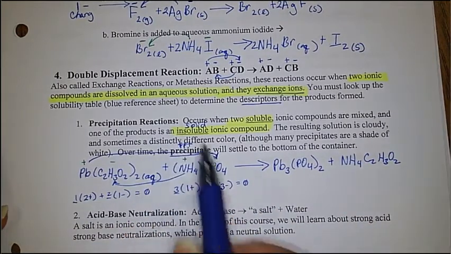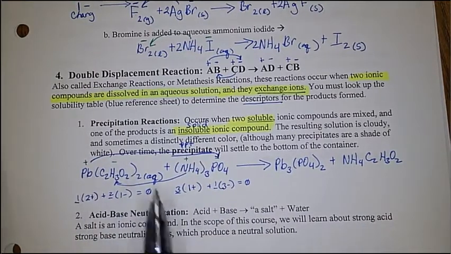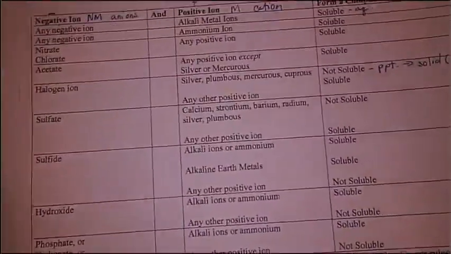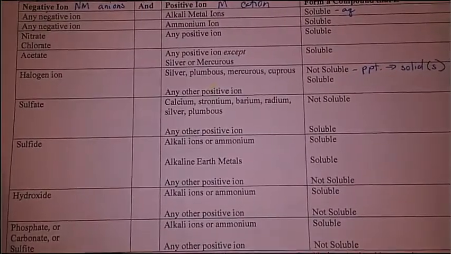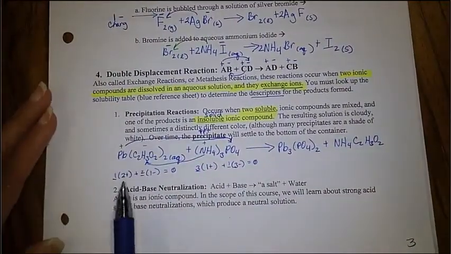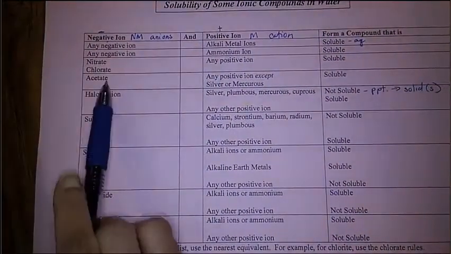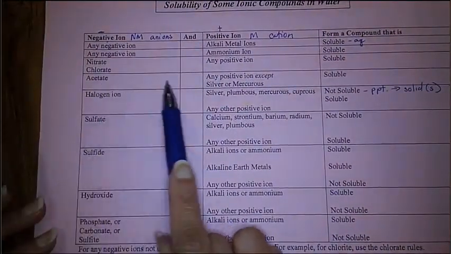Now, we want to find out the state of matter for each of these. Since this is a precipitate reaction, let's see. We have lead acetate. So go back to your chart right here. I'm going to make it small so you can see it. My anion in this case is acetate. So I'm going to find acetate in here. Acetate is right here, and I'm going to go right across.